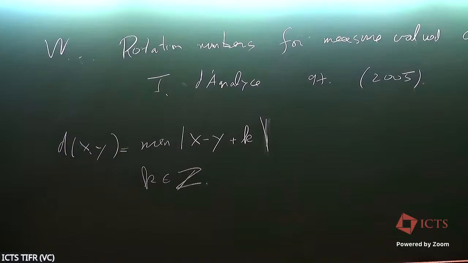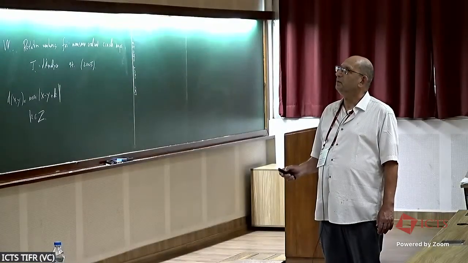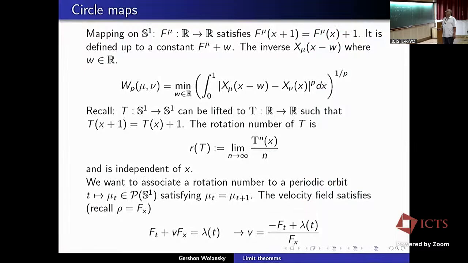So if we consider a map from the circle to itself, we can lift it to a map on the real line, which satisfies T(x plus 1) equals T(x) plus 1. And then we define a rotation number associated with this map as this limit. So we take an iteration for the point x on the line.